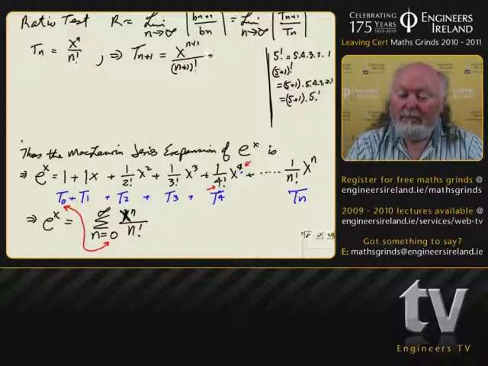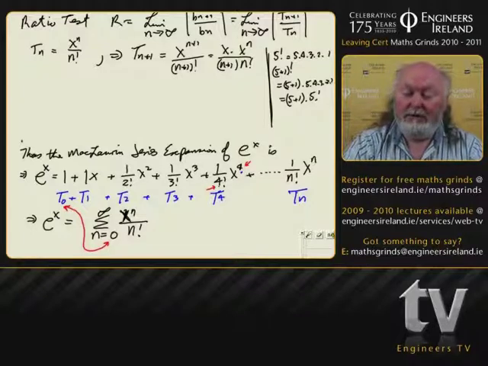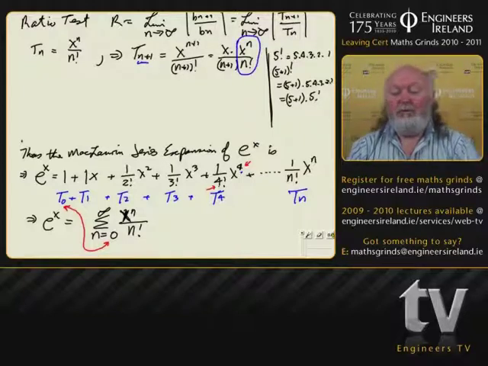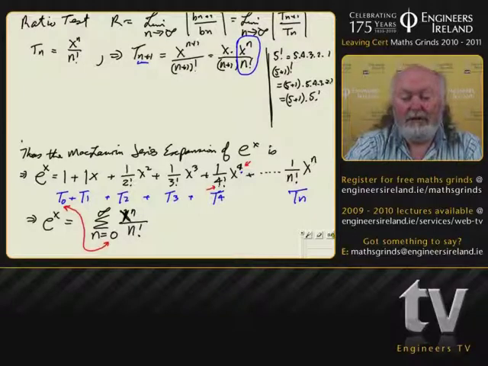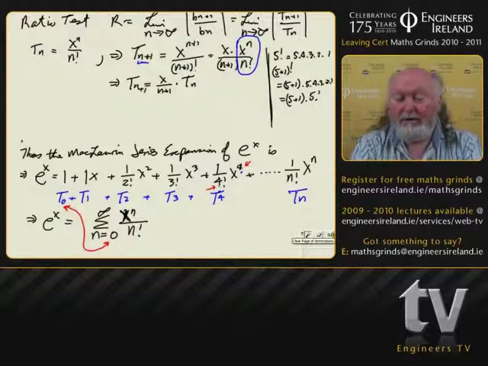So I'm now in a position to be able to say this is n plus 1 by n factorial, and on top I've got x by x to the n. And what you will notice in this Tn term here, I've split it so that part of it is the Bn. So I can now say to you that implies Tn plus 1 is equal to x all over n plus 1 by Tn.